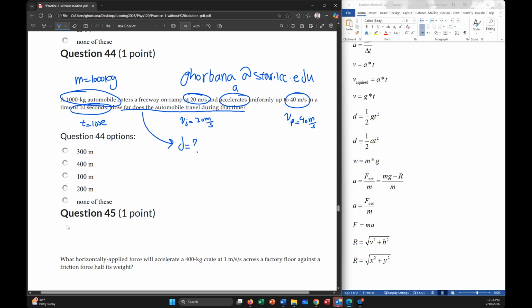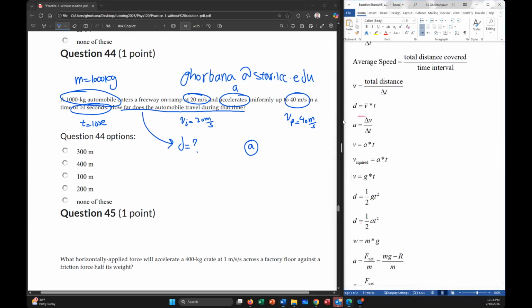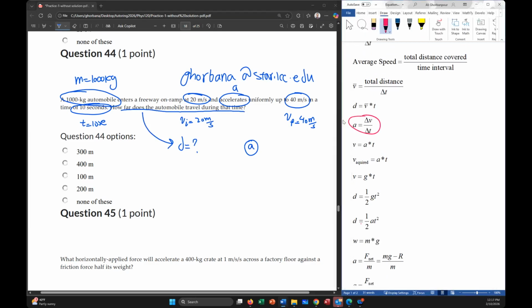So this is a question in which velocity is changing and we have acceleration. We can calculate the acceleration, because we have final velocity, initial velocity, and time. What is the acceleration here? This formula, yes? Change of velocity over time.